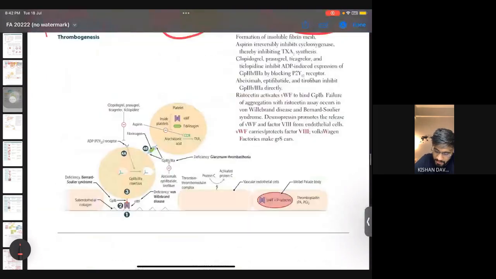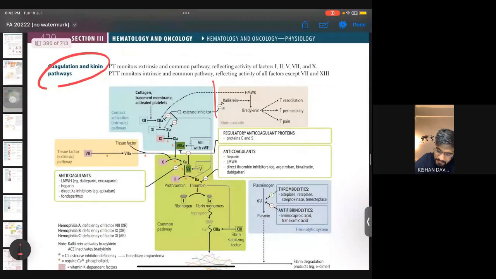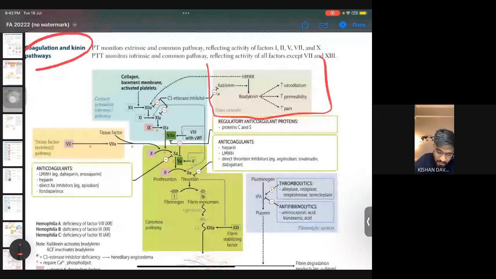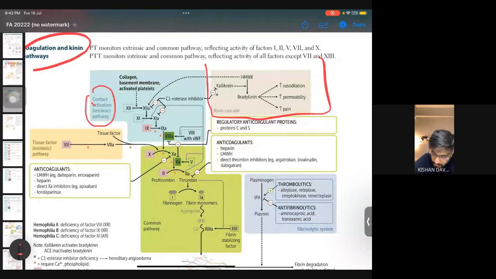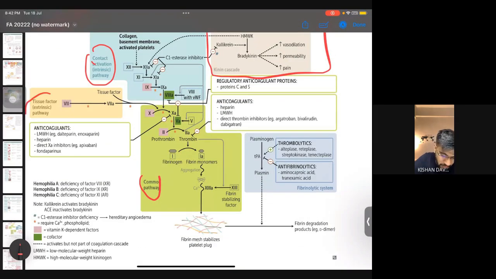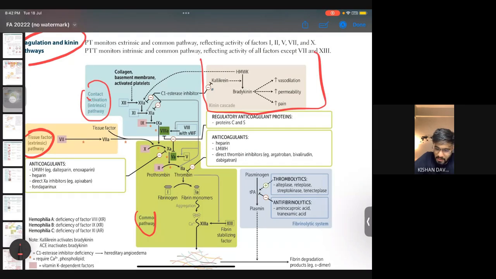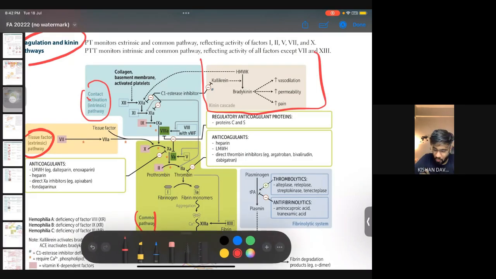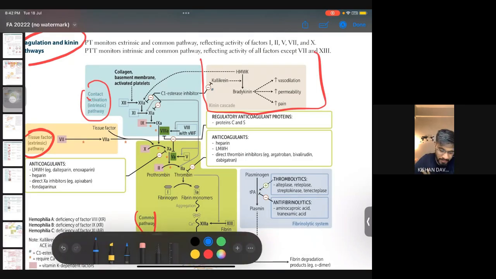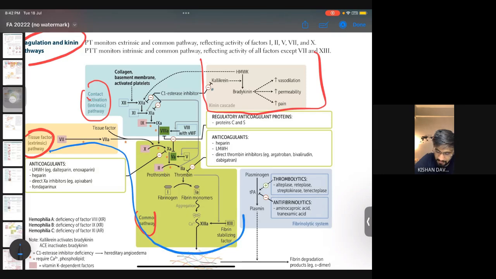Okay, coming to the coagulation and kinin pathway. For now, just keep the kinin pathway aside. Just focus on the coagulation pathway. Okay, this is the intrinsic pathway and this is the common pathway. And where is the extrinsic? This is the extrinsic pathway. Now see, if they ask you what all is included in the extrinsic pathway, you will include this part. So factor 7 and then factor 10 onwards, all these are included in the extrinsic pathway.